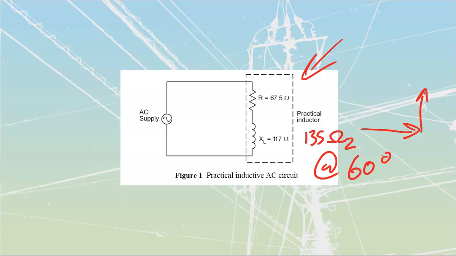Because it is an inductive type of system, we know that it is going to have a lagging power factor. Now, if it were purely inductive, if we could somehow get rid of all the copper wire resistance and only have the inductance inside of there, we would be lagging at a true 90 degrees. Conversely, if we could get rid of all the inductance and only have the resistance, we would be at 0 degrees.